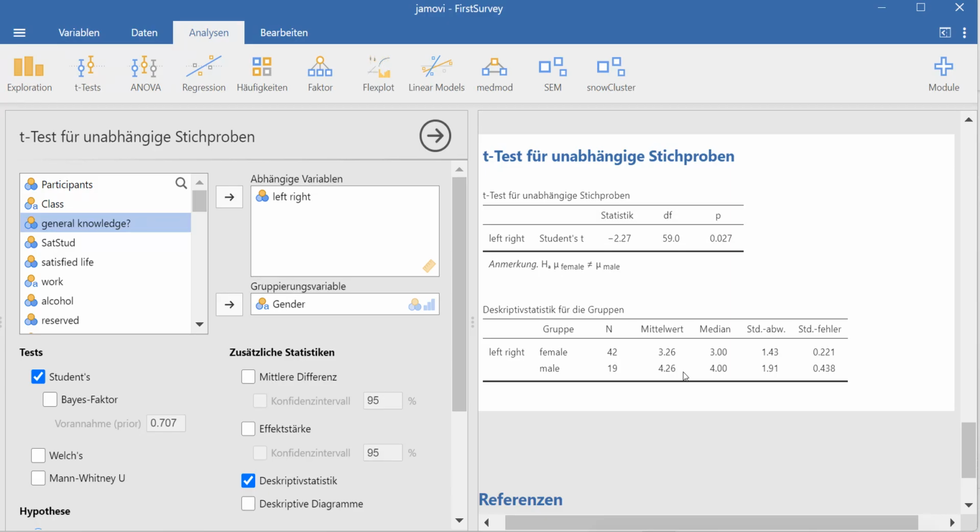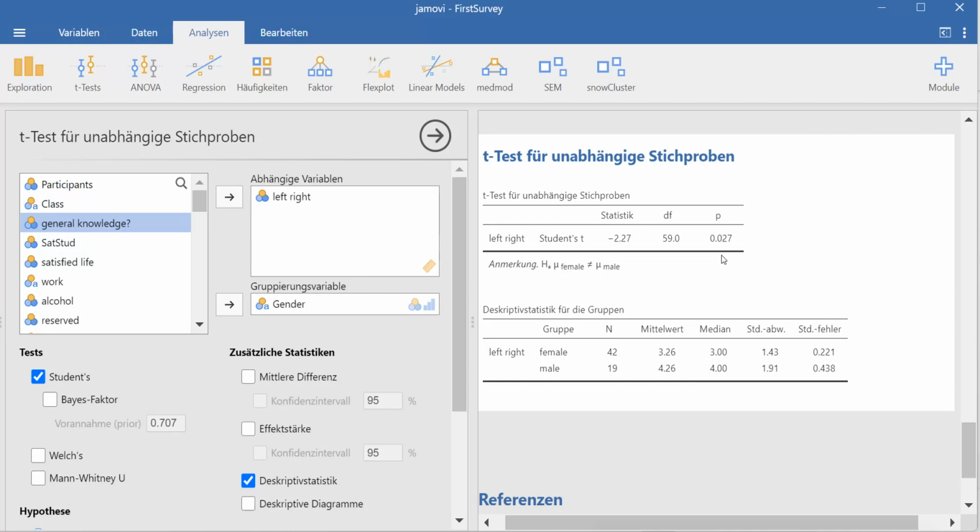Therefore, we calculate a p-value that measures how likely it is that there is no difference in the whole population. The p-value is here 0.027. That means 2.7%. Yeah, and that is enough evidence then to refute the null hypothesis. So the difference that we have measured is significant. That means we assume that this difference also exists in the whole population.